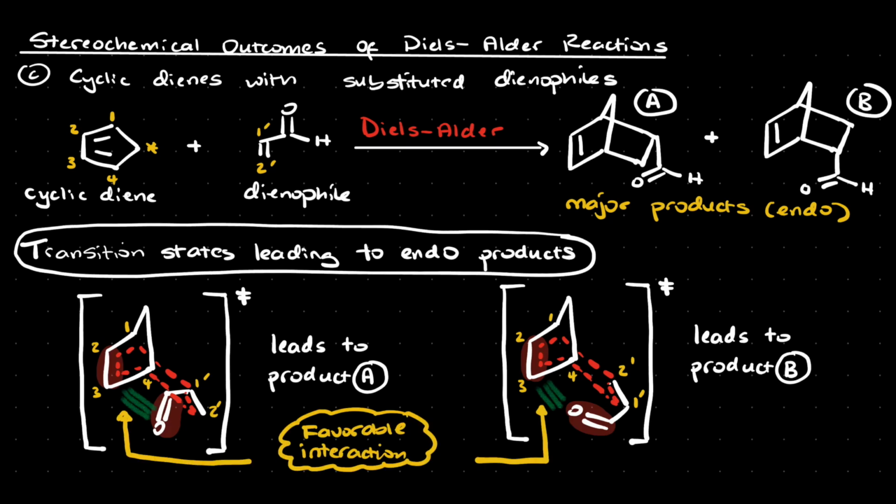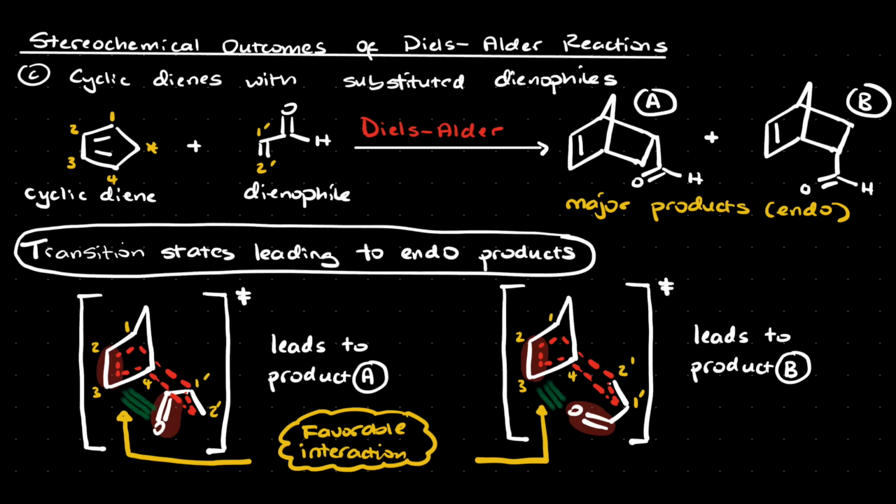And what you really should know here is that when that substituent is positioned closer to the pi system of the diene, there is actually a favorable interaction between the diene pi system and the electron withdrawing group on your dienophile substituent. And that favorable interaction then helps to control the stereochemical outcome towards forming the endo product.